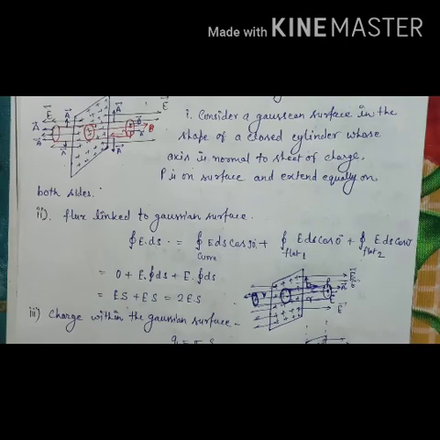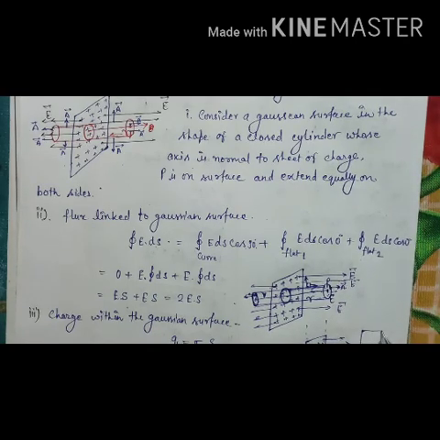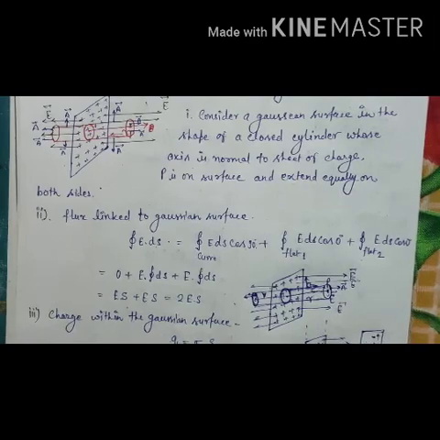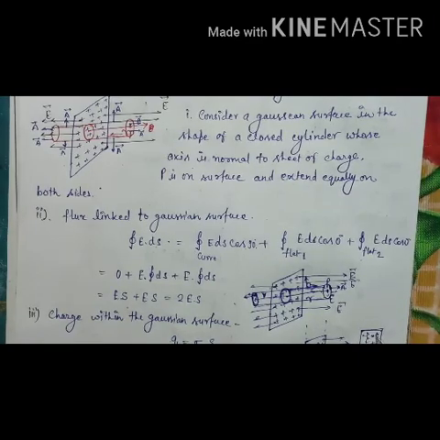But if it is not infinitely large, then we see the electric field lines, the electric field intensity, is different. How?